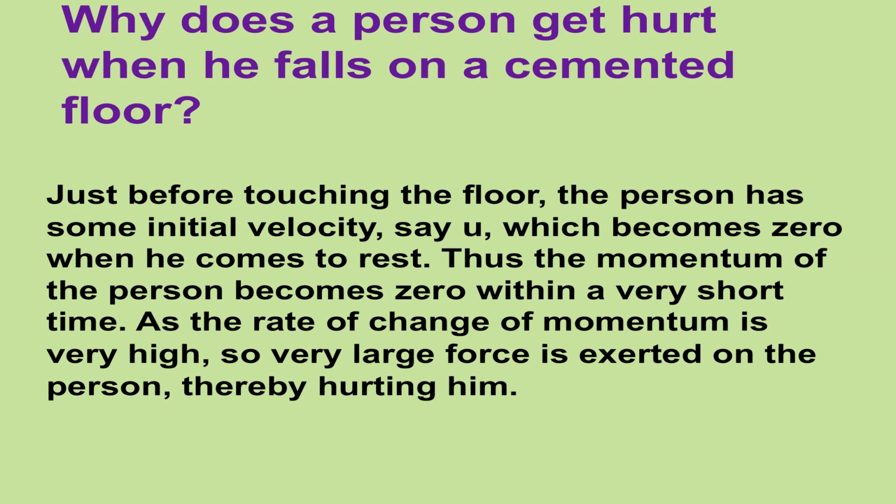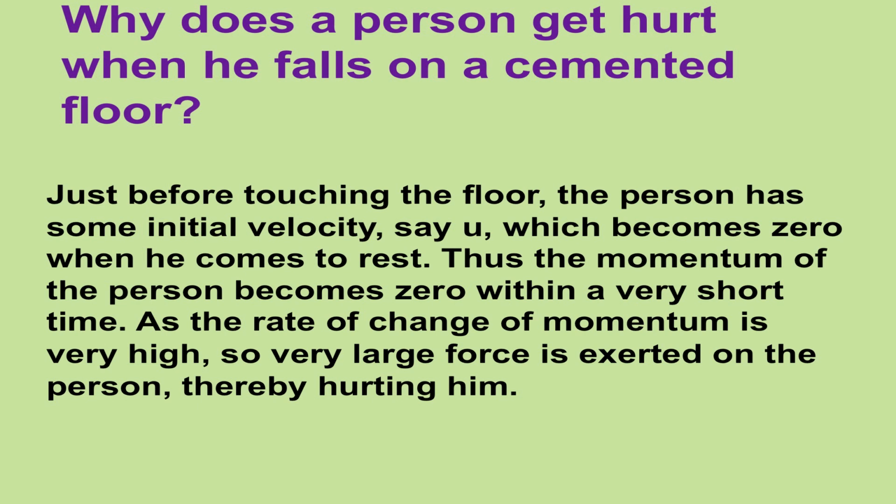Why does a person get hurt when he falls on a cemented floor? Just before touching the floor, the person has some initial velocity, say u, which becomes 0 when he comes to rest. Thus, the momentum of the person becomes 0 within a very short time.